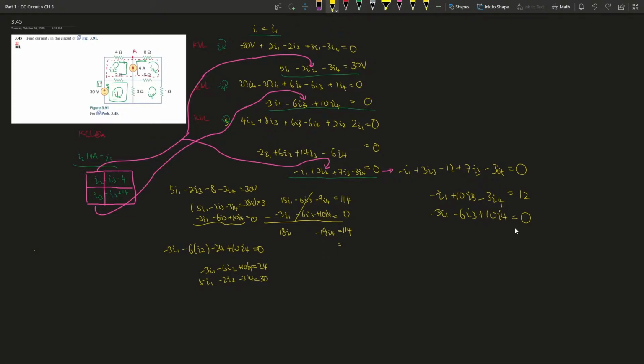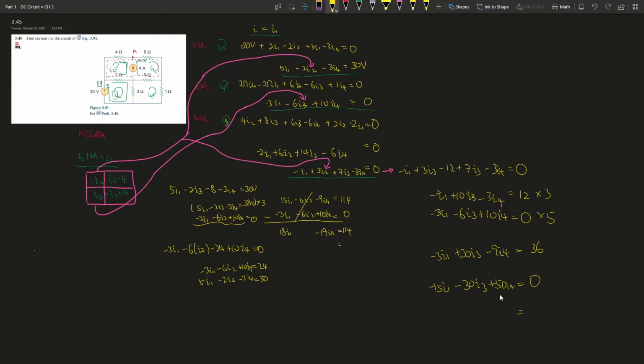Okay, so in that case, I will times this by 3, and this by 5. So negative 3i1 plus 30i3 minus 9i4 equals 36, and this is times 5: negative 15i1 minus 30i3 plus 50i4 equals 0.